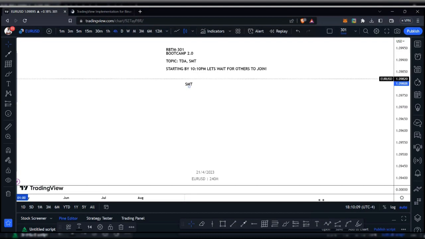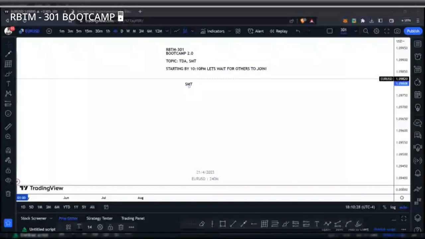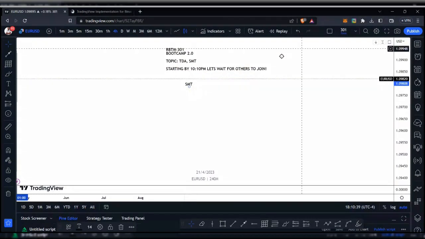I think divergence works on synthetic as well, but you have to use, I think, either an RSI or a moving average or something. Man, I don't like that. That seems to me like a scam. That's the reason why I don't like it.